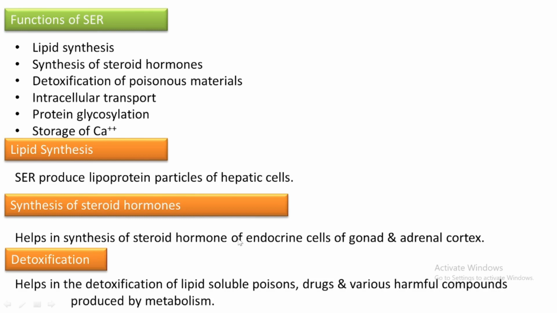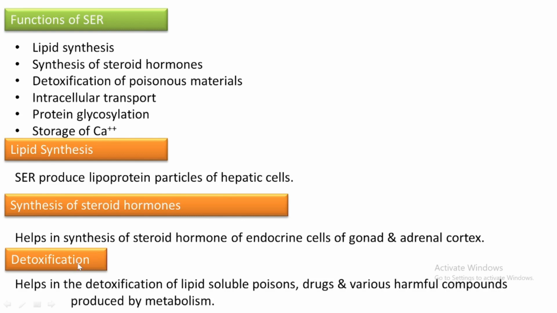Of which cells? Of endocrine cells of gonads and adrenal cortex. Gonads and adrenal glands are both endocrine glands, and their cells need to synthesize steroid hormones. For that, smooth endoplasmic reticulum itself is helping.